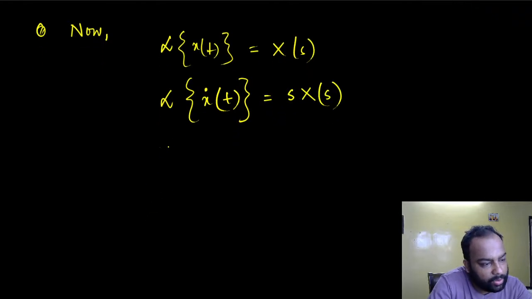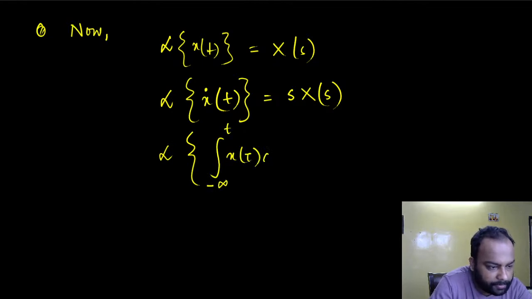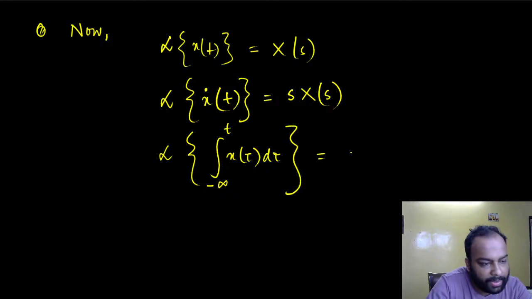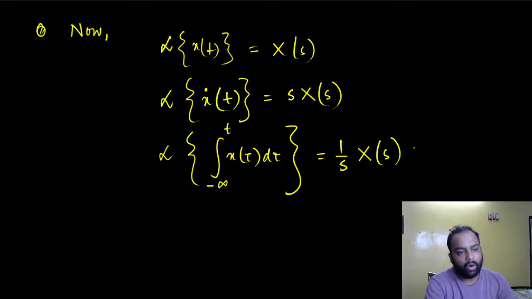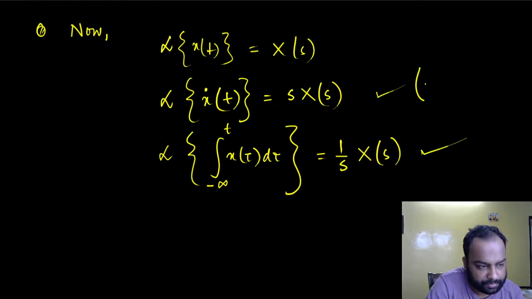And now we have figured out that the Laplace transform of the integral of the signal would be 1 by s times X(s). We did this in the last one and we proved this today. And of course this has a condition, that zero initial conditions.